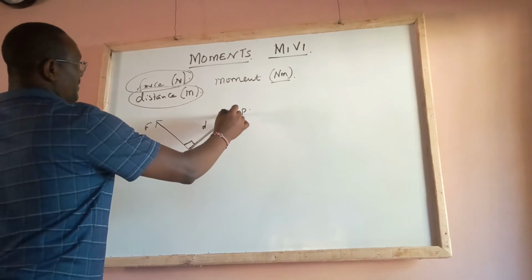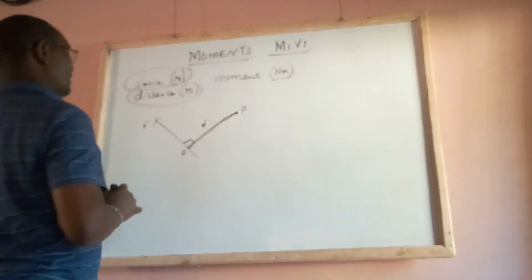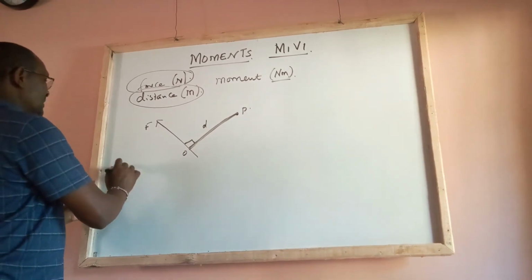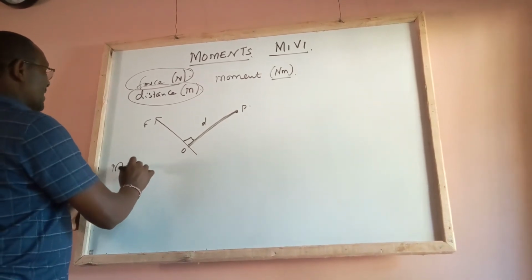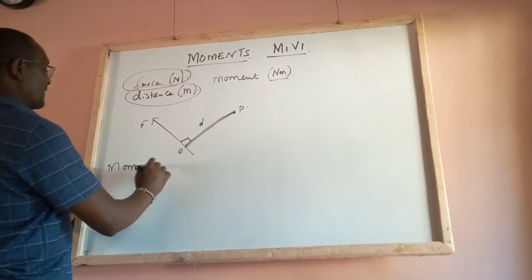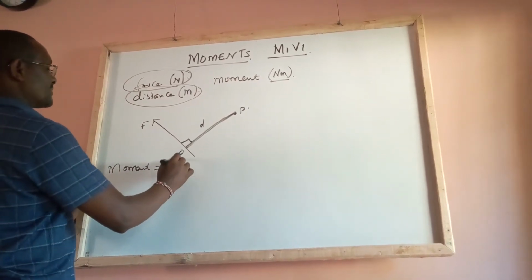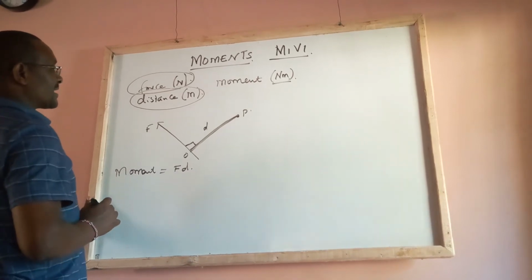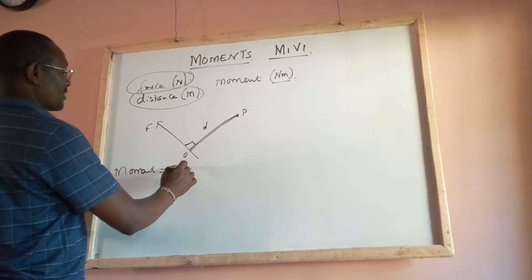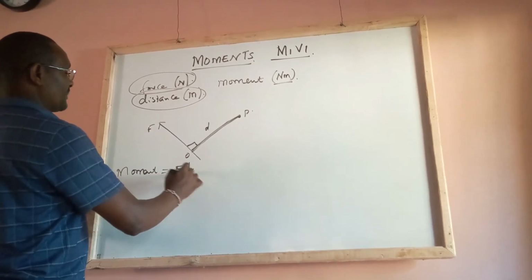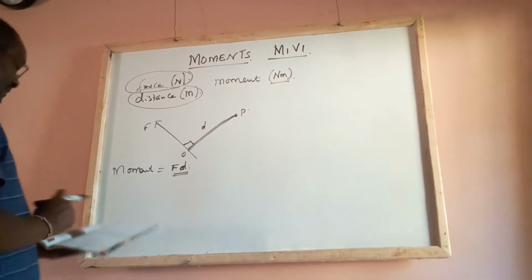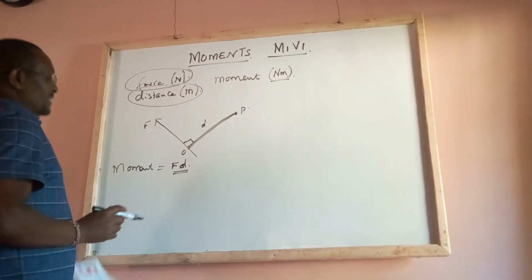The point P is called the point of rotation. So the moment, as given in the formula, is the force times the perpendicular distance. Because the force is F in general and the distance is D, the moment for this particular example is simply FD.